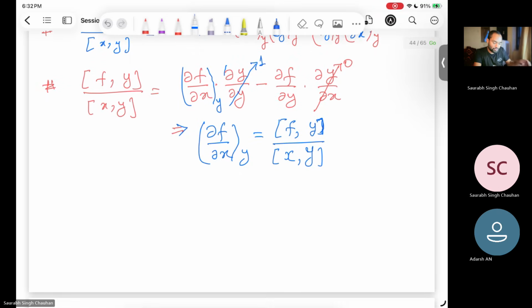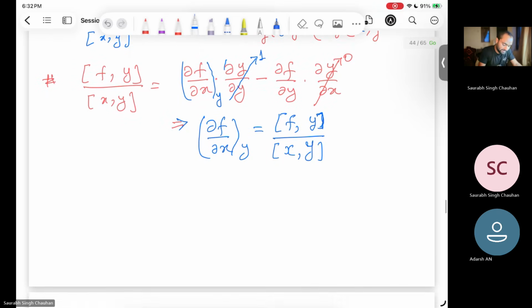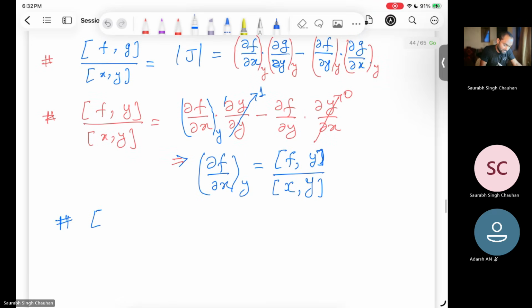Sir, those you can go through by watching the lecture and reading this particular PDF, but this is one of the most useful ones. And also one more: if something is repeated in, let us say, the numerator itself, so f comma f divided by x comma y, this is 0. Whatever properties you have studied for partial derivatives, all those properties you can write in terms of Jacobian.